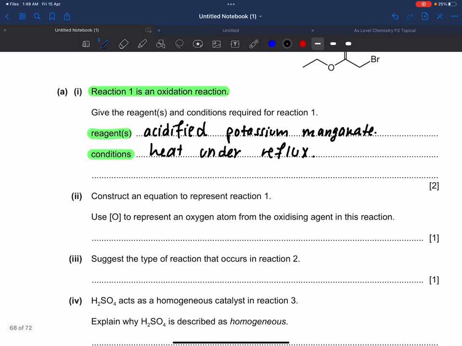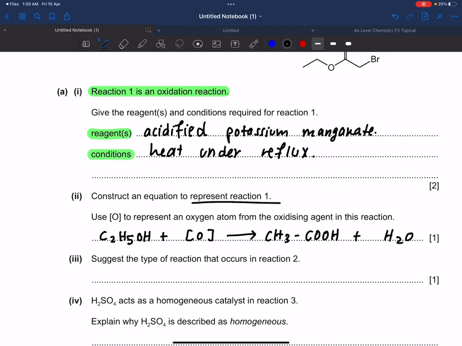Construct an equation to represent reaction 1. We just did it. Very simple. C2H5OH. This is 5. Okay, don't mess it up. C2H5OH plus oxidation by [O]. It will form CH3COOH, a 2 carbon carboxylic acid, and water is always produced.